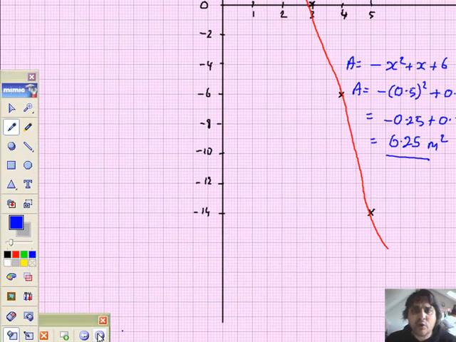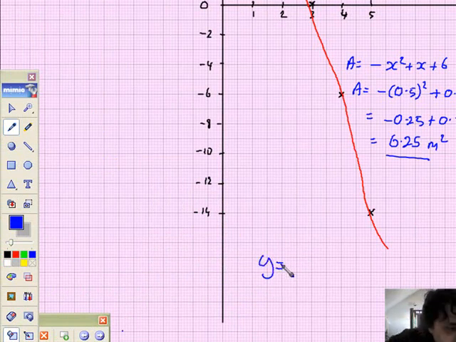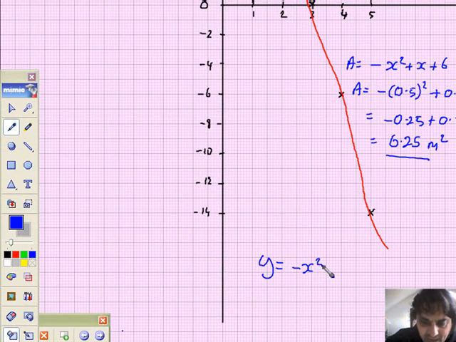Okay, Houston, we have a problem. Looking at the answers on the Assess 17 question 3, they're actually using this equation. Now I'm going to write it down here and go on record that they've got it wrong. So this is what they say: y equals, look at the table here, minus x squared plus 5x and then minus 6.